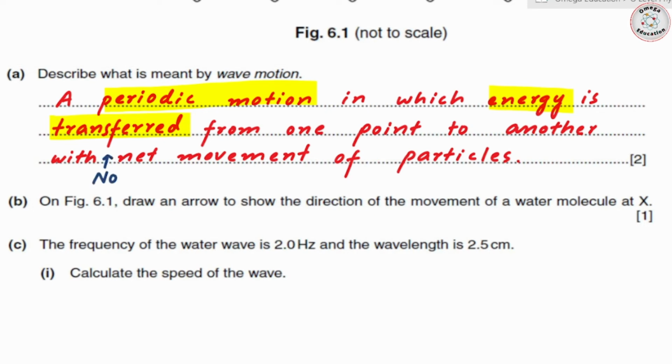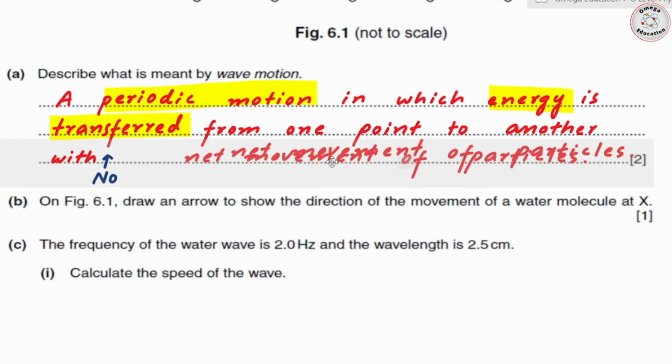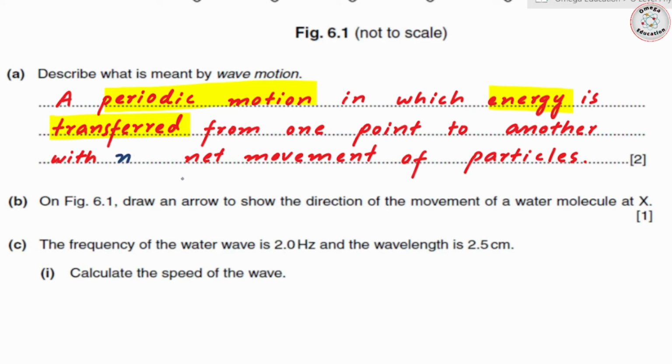This was the most important thing. So these are the key terms. Always write your answer in these key terms.